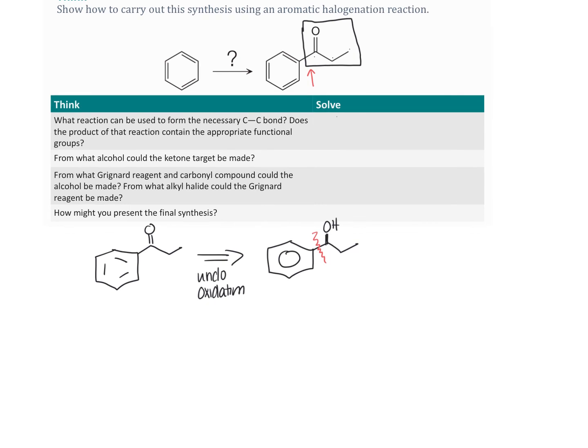So we undo that. We're going to undo a Grignard reaction, and we're going to have this compound here.